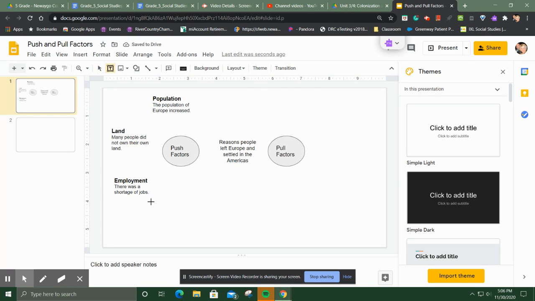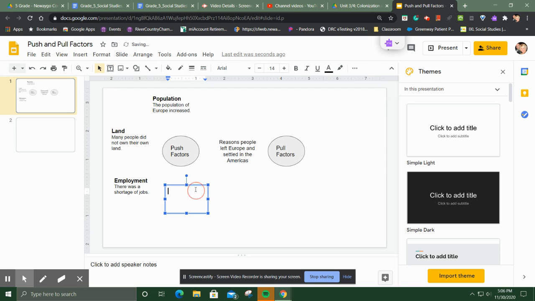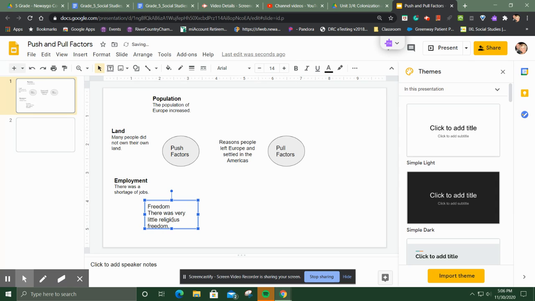And the last main reason, let's move this down here, was freedom. There was very little religious freedom. So when we're thinking about the people coming from Europe, a lot of the groups, such as the Pilgrims and the Puritans, were looking for religious freedom.